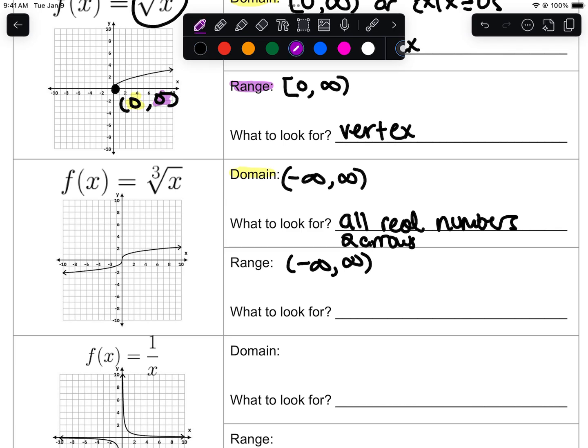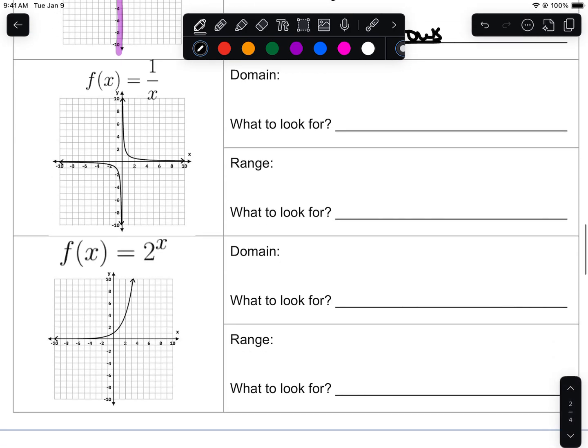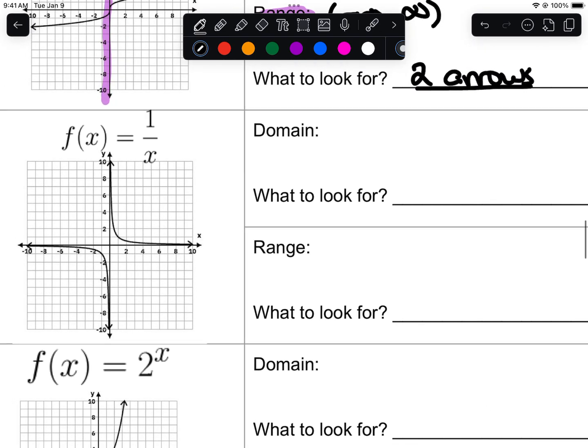When we have a cube root function, it's going very slowly, but it is going down forever and up forever. So those are our new functions. Square roots, never all real numbers. Cube roots, always all real numbers.